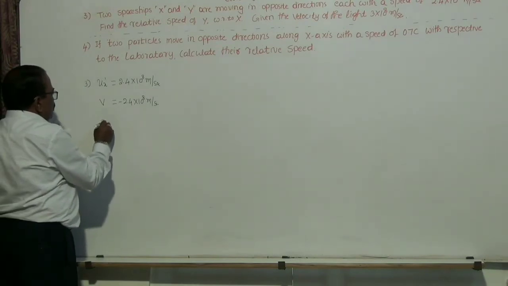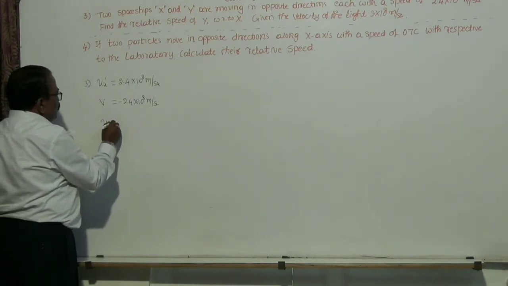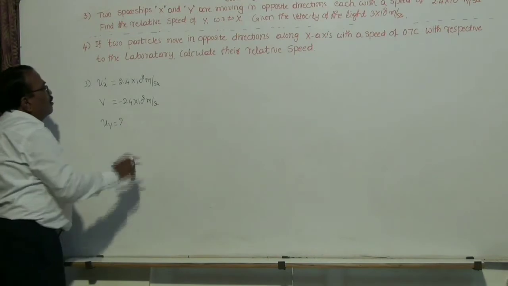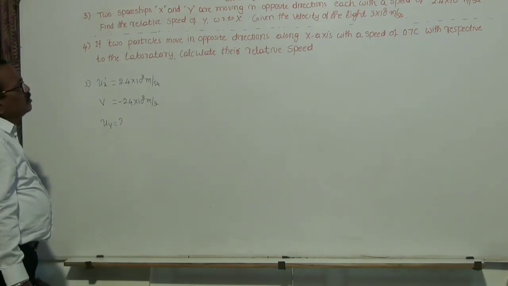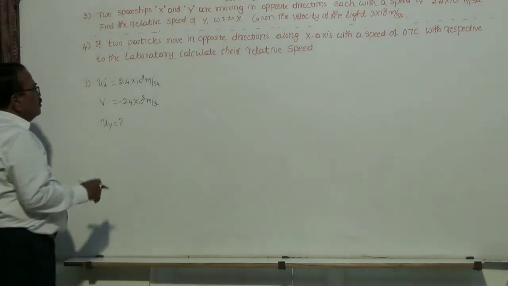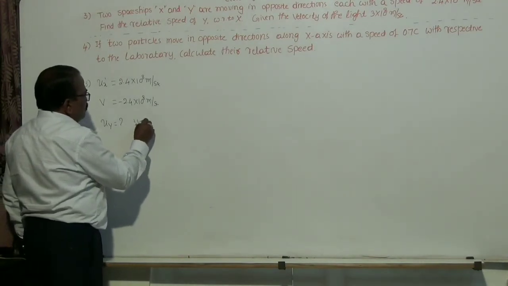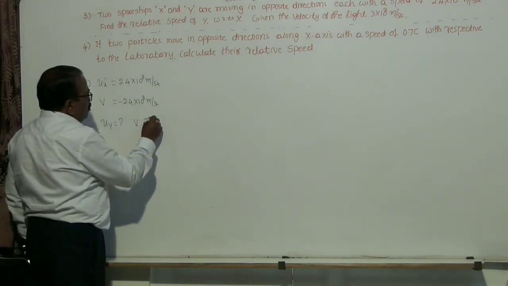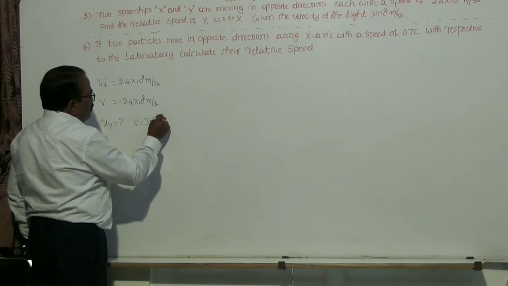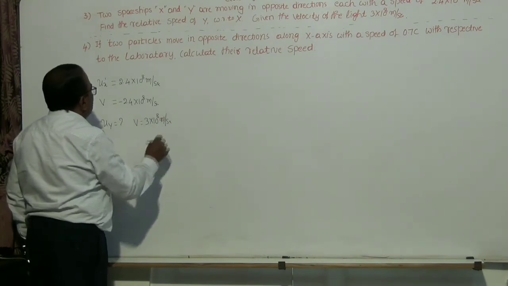That means they have asked to find out what is uy. Given the velocity of the light is 3 into 10 raised to 8, c is equal to 3 into 10 raised to 8 meter per second.